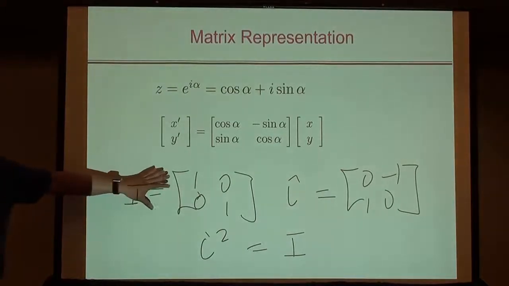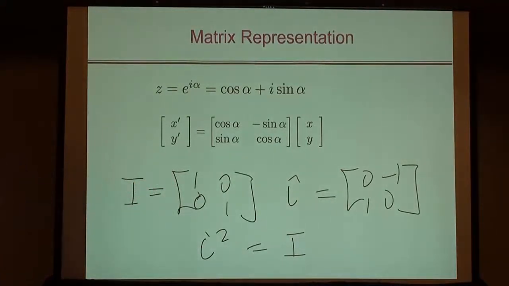In fact, this is the interpretation that Clifford had in his original paper on Clifford algebra, I think in 1860-something, after Hamilton wrote his paper on quaternions.